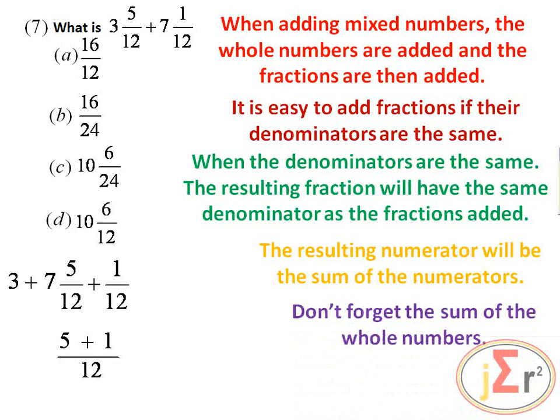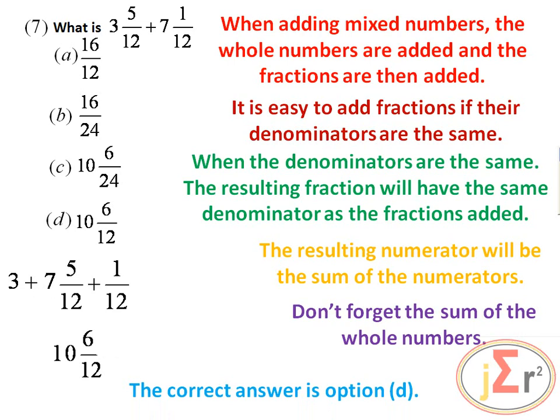So we add the numerators, and do not forget that when adding mixed numbers, we have to add the whole numbers. 3 plus 7, and that's equal to? 10. So the answer is 10 and 6/12, and that is represented by option D. The correct answer is option D.